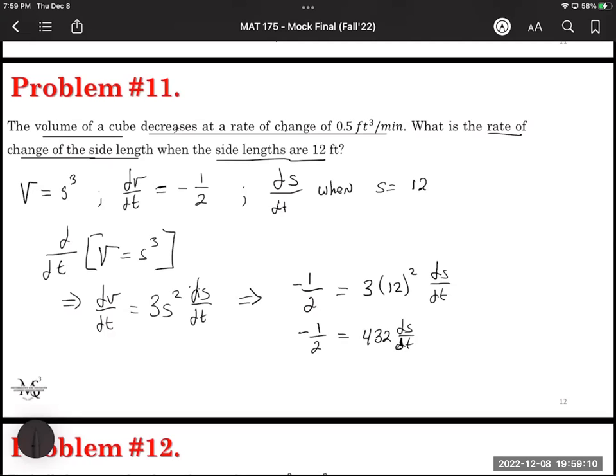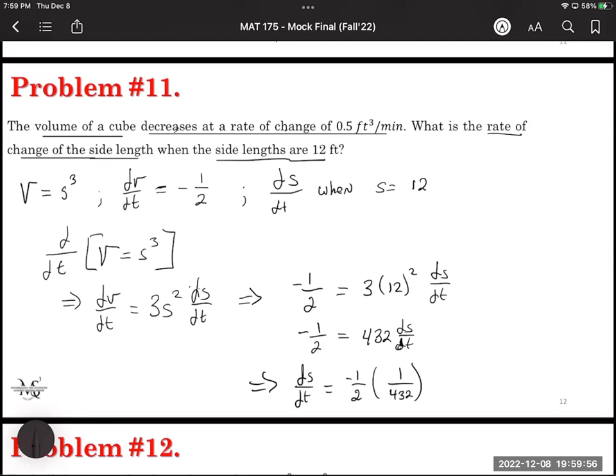Now, if I wanted to rewrite this, namely getting ds dt by itself, I would have to divide by 432, right? Dividing by 432 is the same thing as multiplying by 1 over 432. So ds dt is going to equal negative 1/2 times 1 over 432.